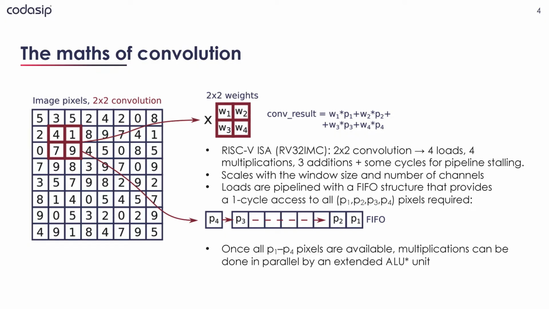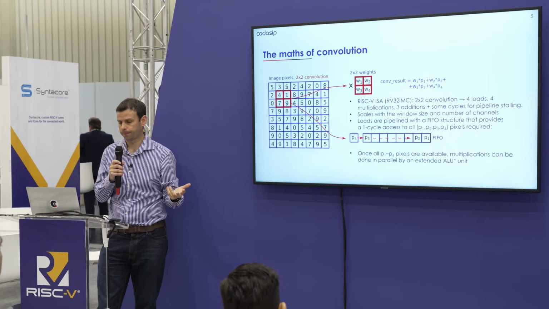Using the base RISC-V instruction set, a 2x2 convolution, as we see here, has 4 loads, 4 multiplies, 3 adds, and you might find there are some pipeline stalls due to data dependencies or the load stalling. As you scale that window size, up to 3x3 or bigger, and scale the number of channels, this obviously gets exponentially more complex.